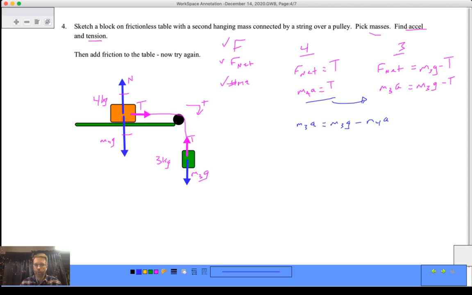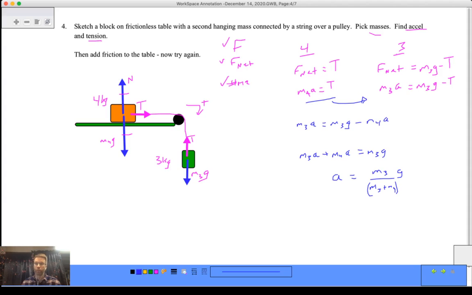I'm going to pull the a over to the left side. m3a plus m4a equals m3g. I'm going to pull out the a and just solve all in one shot. So I have a, I have m3 over here, I have g over here, but I pulled out the m3 plus m4, and it ends up on the bottom over here. You'll notice this is just like the Atwood machine problem, except there's no difference of masses on the top.